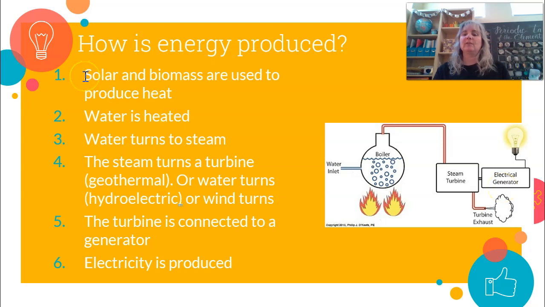Solar is a little bit different because the solar panels don't really have turbines. They're taking the sunlight and making it into electricity. But most of these other things have things that spin, like some sort of turbine, and that produces electricity.